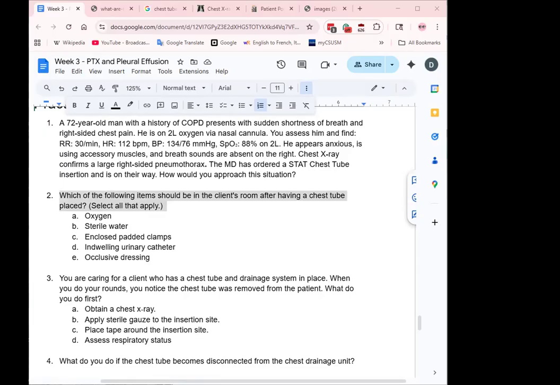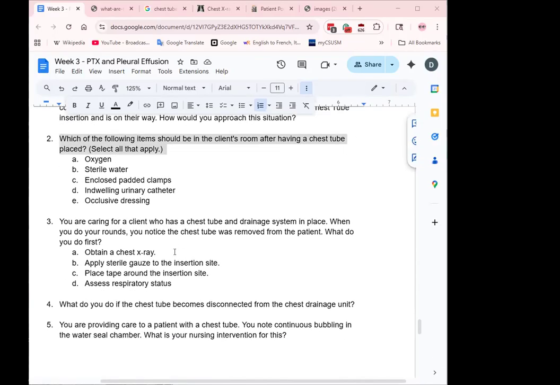It would be having oxygen, having the sterile water so that you can apply that if you need to go water seal and you don't have anything. Occlusive dressing, yeah, so everything there.